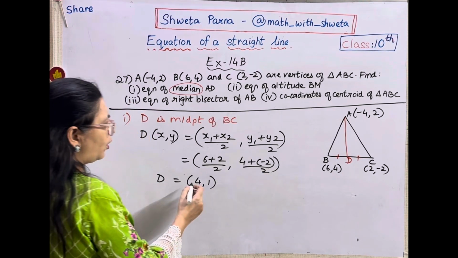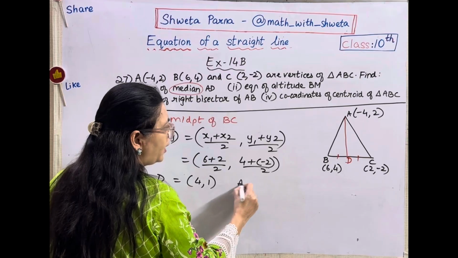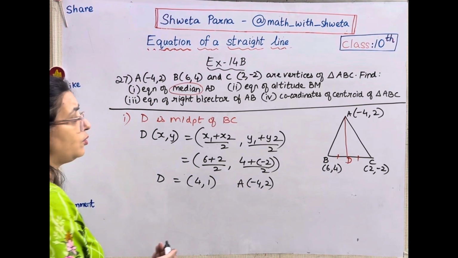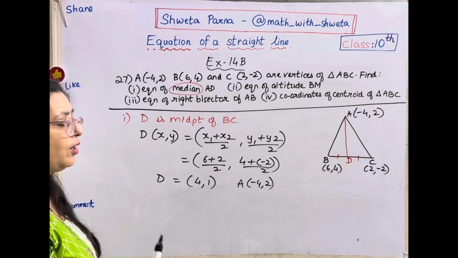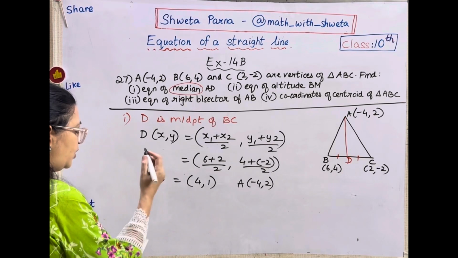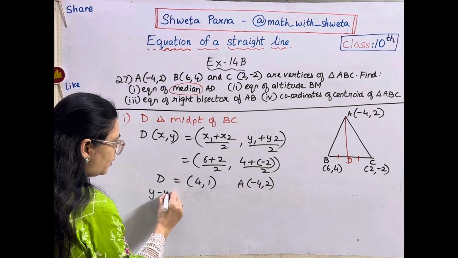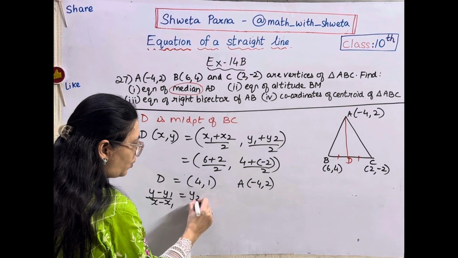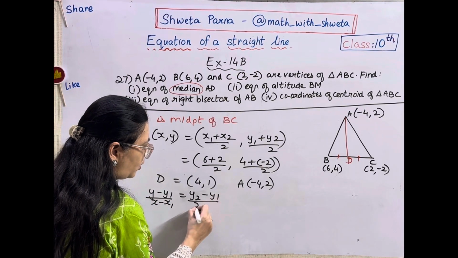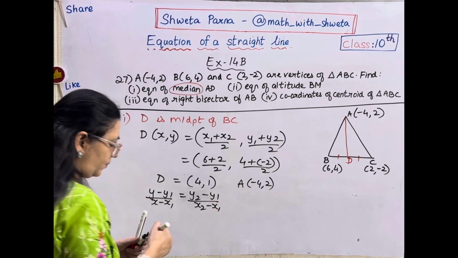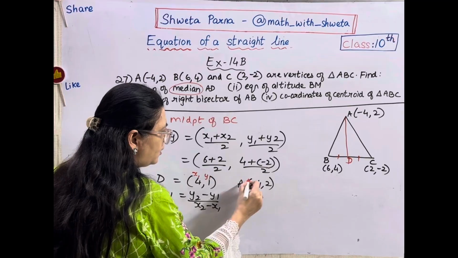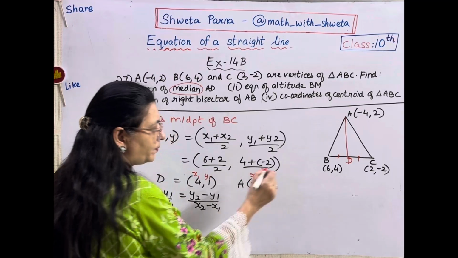Now you have two coordinates. D also you have, and A is given as minus 4, 2. You can write the equation using the 2 points given to you. So the two point form, which is y minus y1 upon x minus x1 is equal to y2 minus y1 upon x2 minus x1. Okay, let's take this as x1 y1, this as x2 y2.